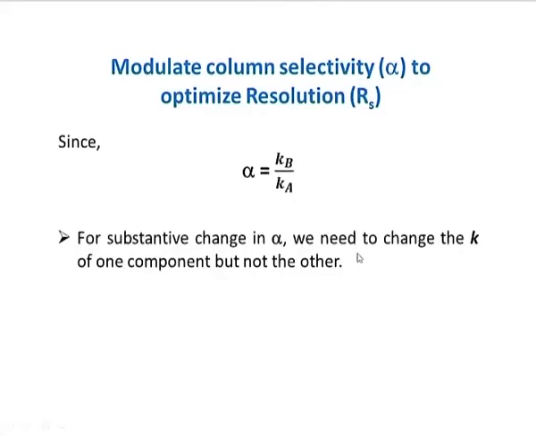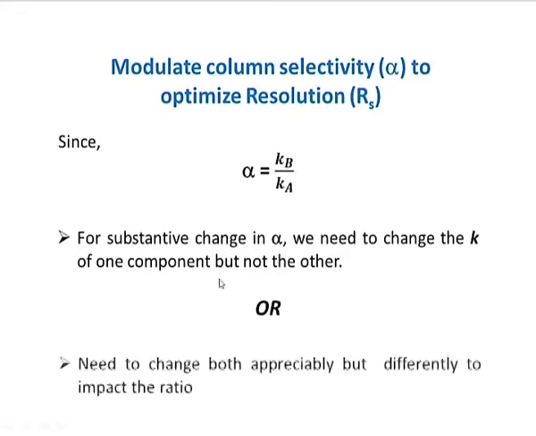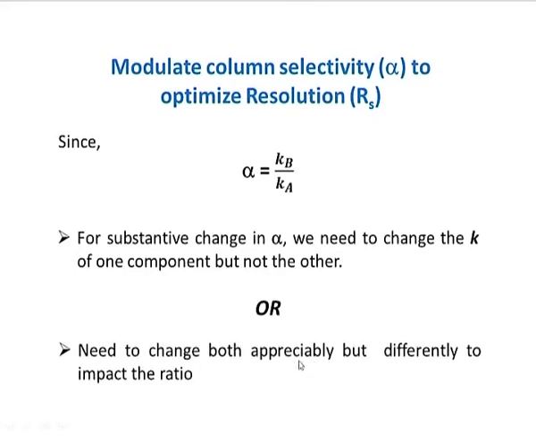So, what we need to do here to change alpha, either we change k of one component and not the other, or we change both the components, but then both the components capacity factors should be changed differently. Now, how do we then do it?